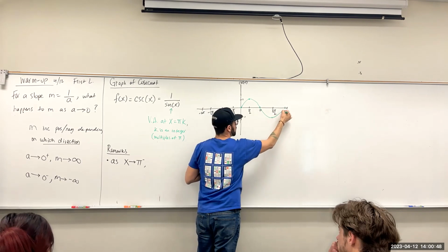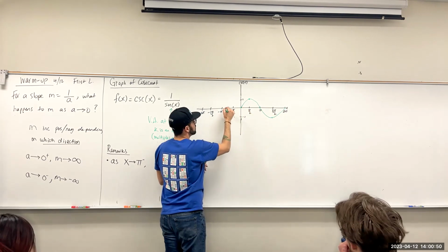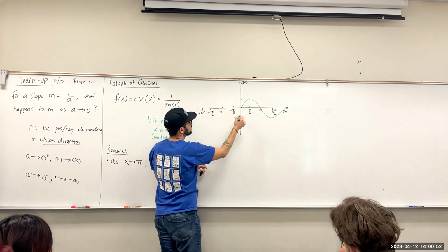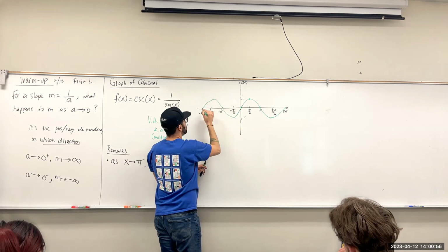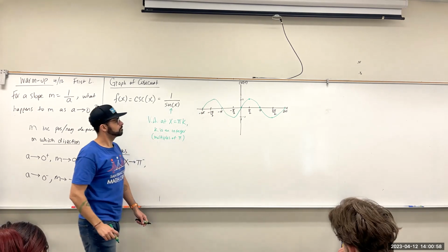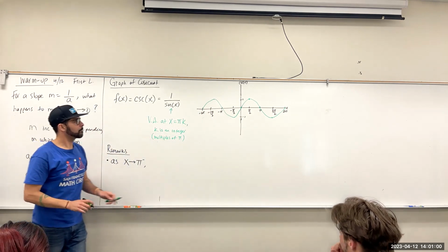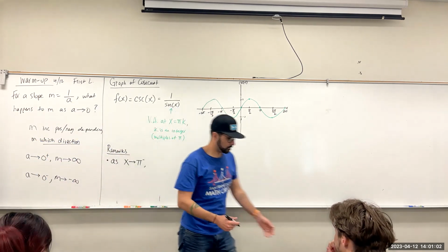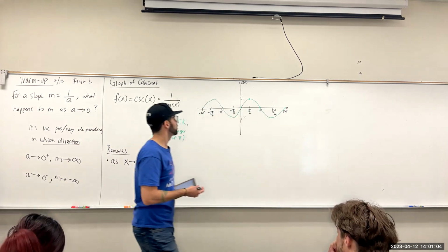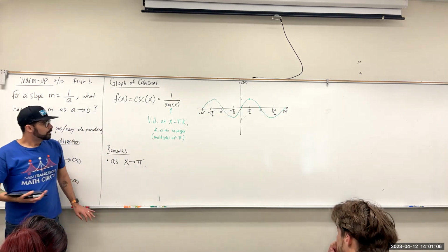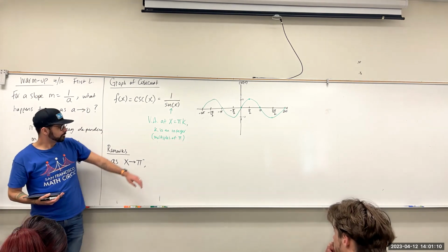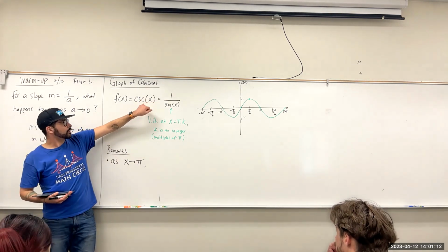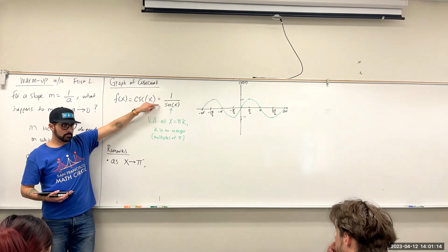If I graph sine like this, then we use the fact that cosecant is 1 over sine.